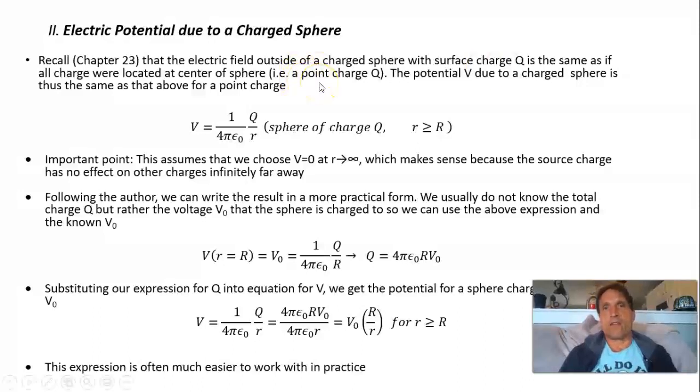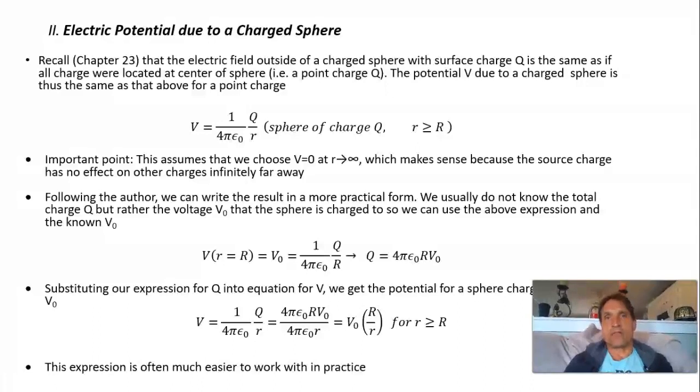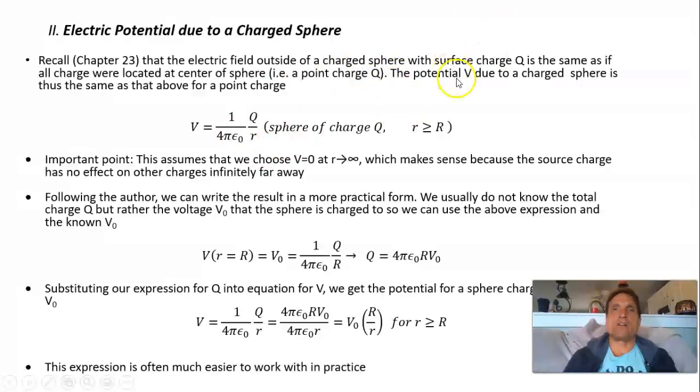Remember that the electric field of a charged sphere looks exactly like the electric field of a point charge, provided we're looking outside of the sphere. And so the potential is also the same.